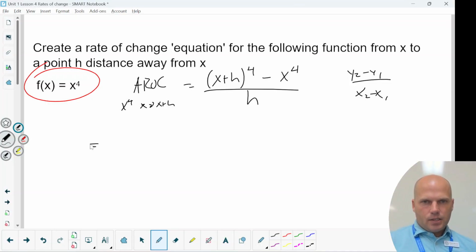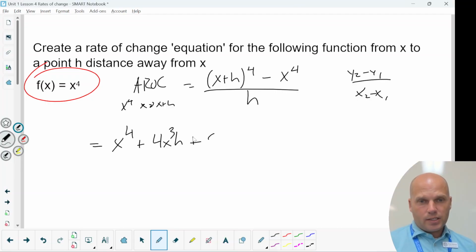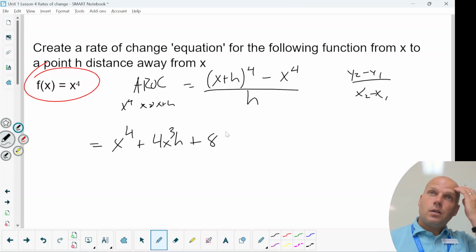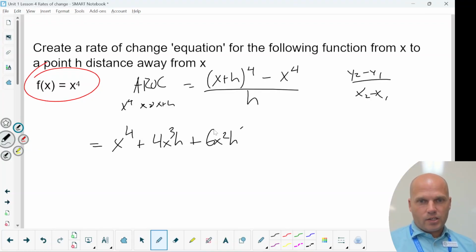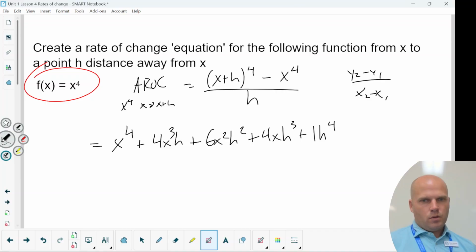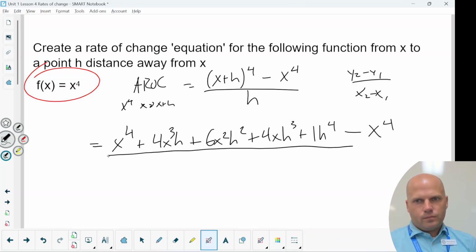Simplifying, I would get x to the fourth plus 4x cubed h plus 6x squared h squared plus 4x h cubed plus h to the fourth, minus x to the fourth, over h.